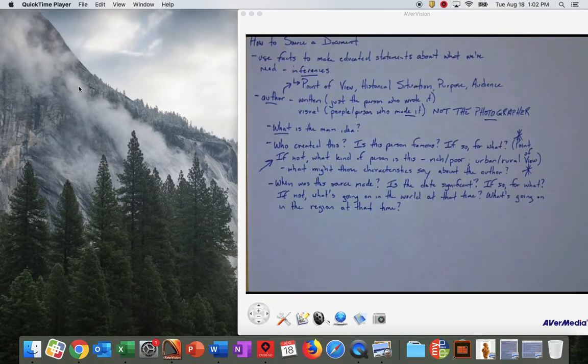Again, the date is not significant. What is significant is what's going on in the world at that time. So if you just tell me the date, that's maybe 5% of the story. This is what we want.